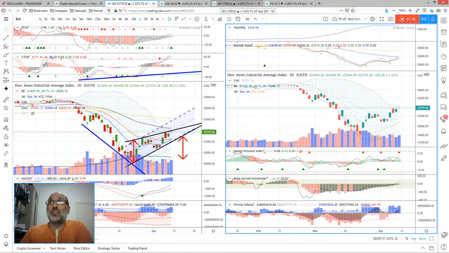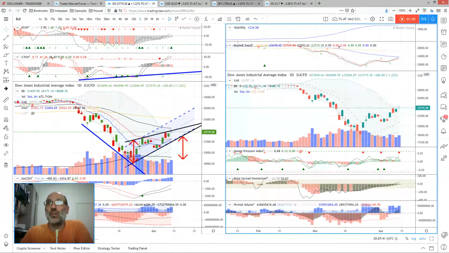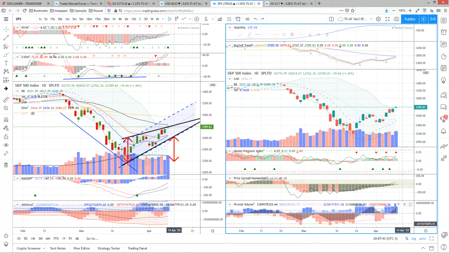Maybe this is because we have robots trading on it or something like that. So it ends up that we have similar charts. If you guys check, for instance, down here on the volume wave pivot, we can see that it's slightly different from the Dow Jones. See?